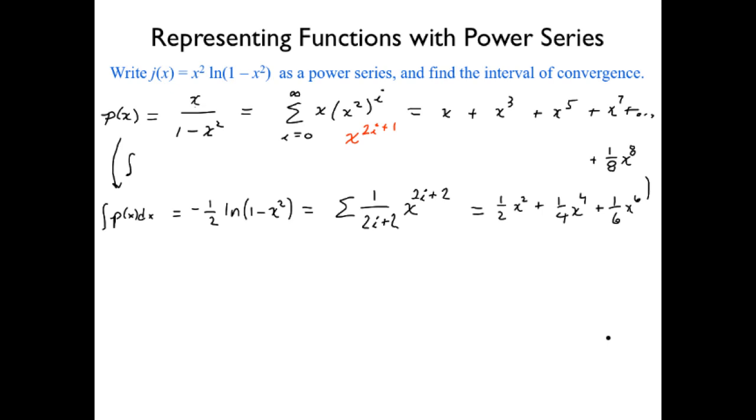Okay, lots of things going on. So if I lost you, if I ever lose you, please ask. There's lots of things involved in these problems. Lots of things at once. Okay, so does starting at 0 get us this here? So if I start at i equals 0, do I get these terms? So when i equals 0, 1/2 x squared, right?